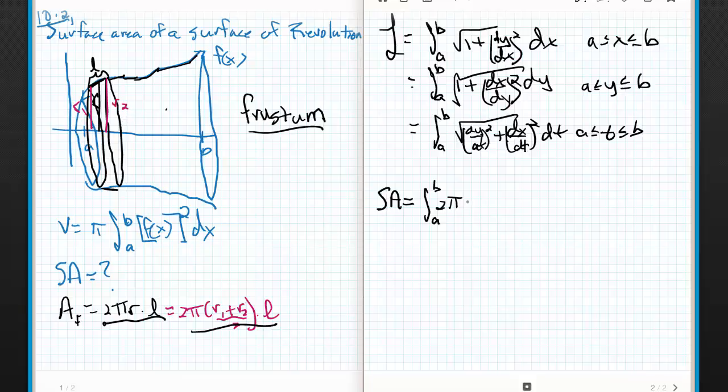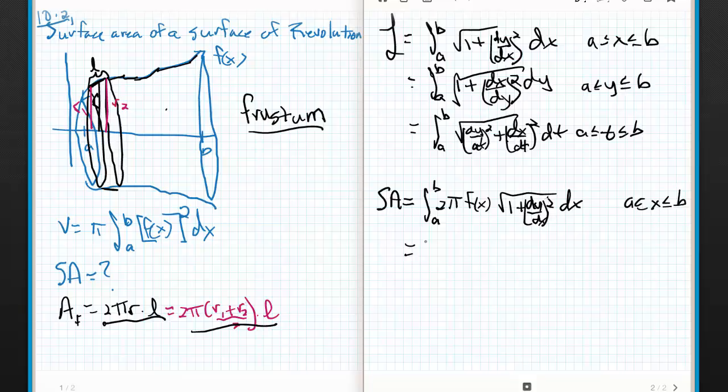So I can just go 2 pi times f of x times the square root of 1 plus, in the interest of being accurate, (dy/dx) squared dx. And voila. This is for a less than or equal to x less than or equal to b.